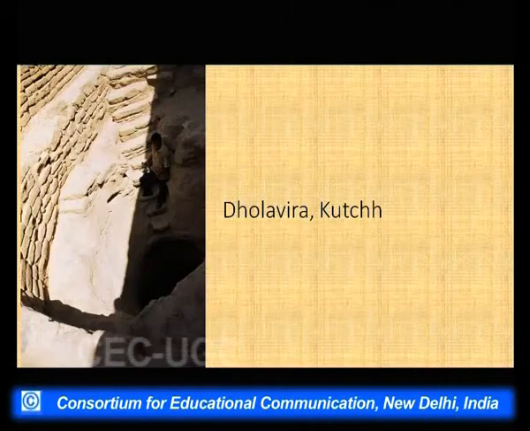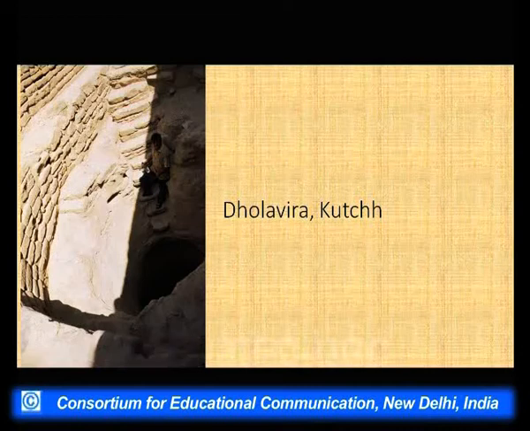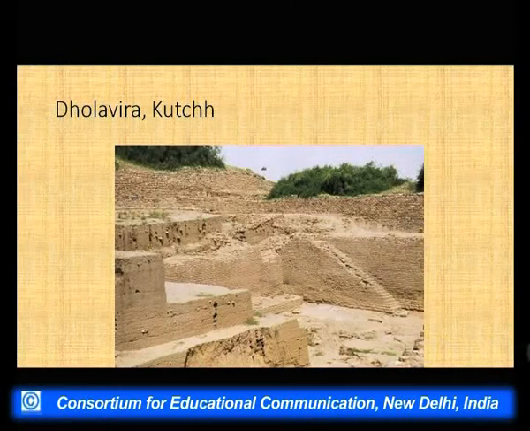This is a well that was dug just outside the citadel wall, and these are tanks. Large tanks were built on the water sources, rivers that used to flow, or streams that used to flow in Khadira, and these were dammed and channeled.